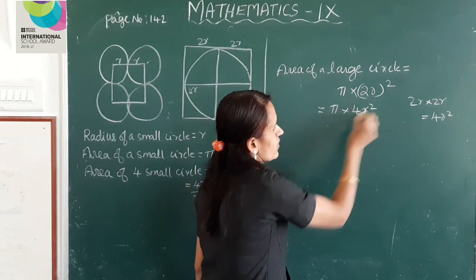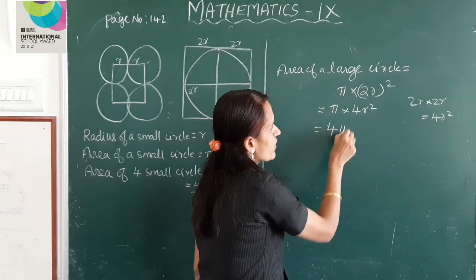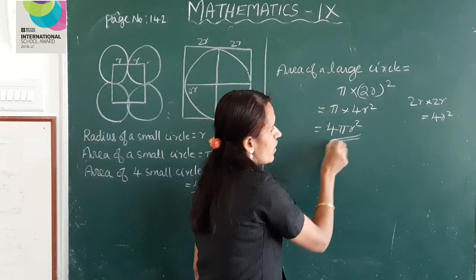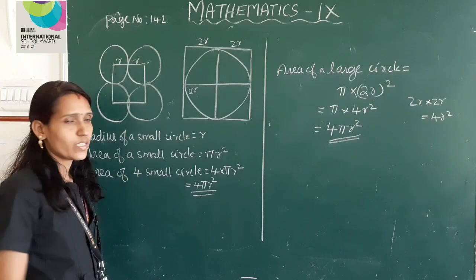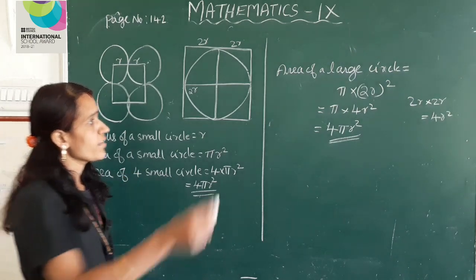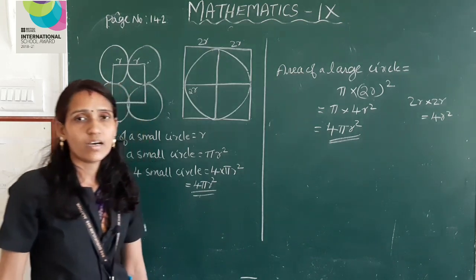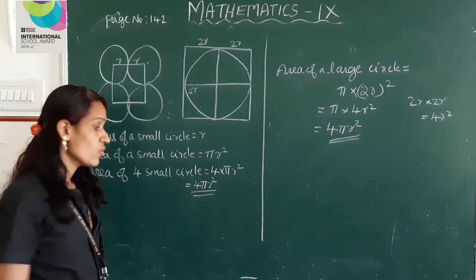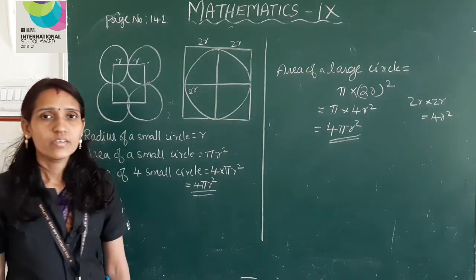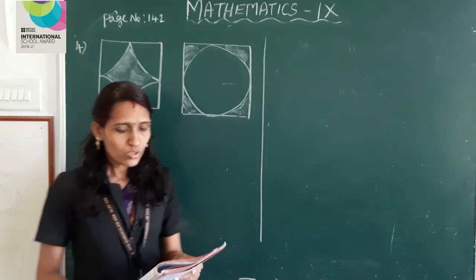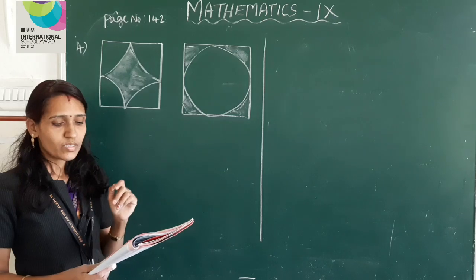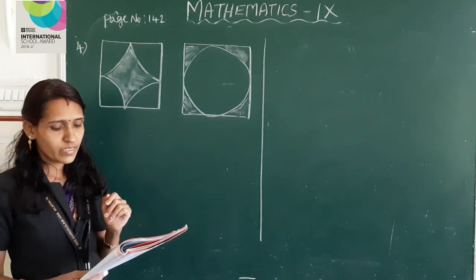This is equal to 4 into pi into r square. Now we get area of 4 small circles and area of large circle are equal, that is 4 pi r square. Clear children?